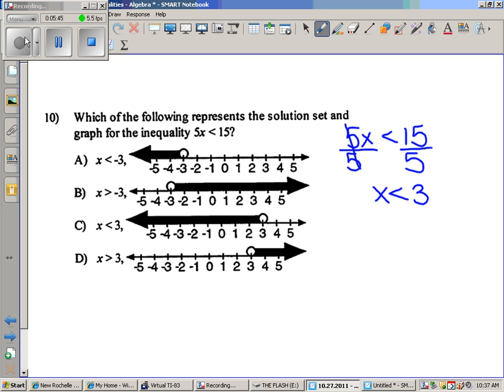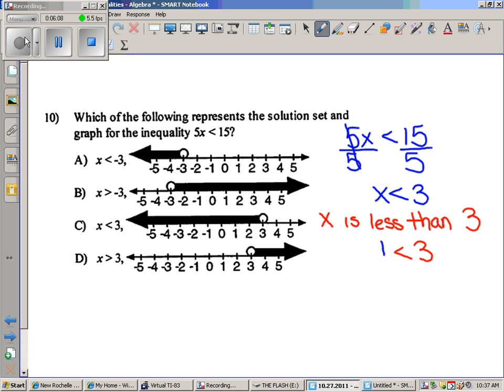Let's write that out in English: x is less than 3. Can you give me some numbers that we might be able to sub in? Think of some numbers that are less than 3.